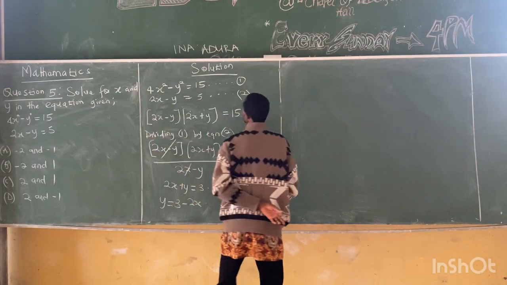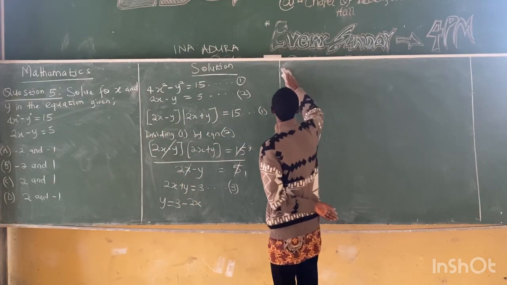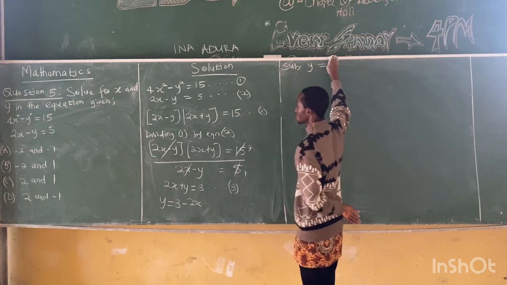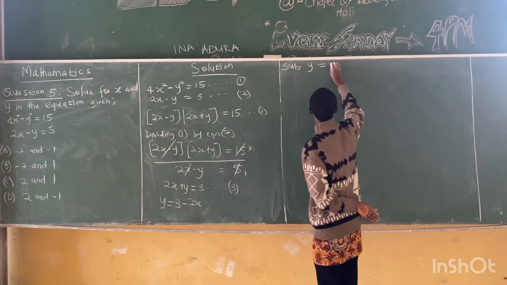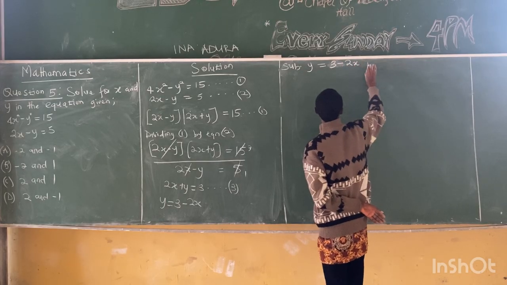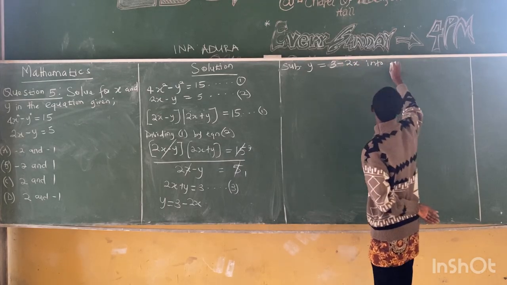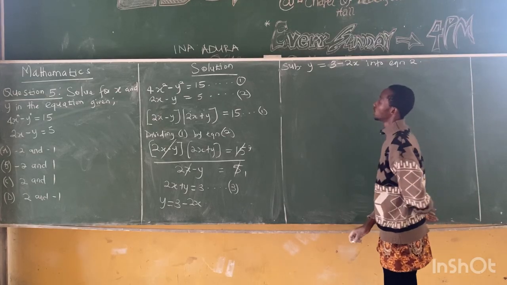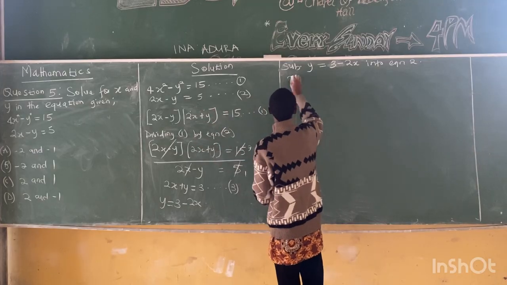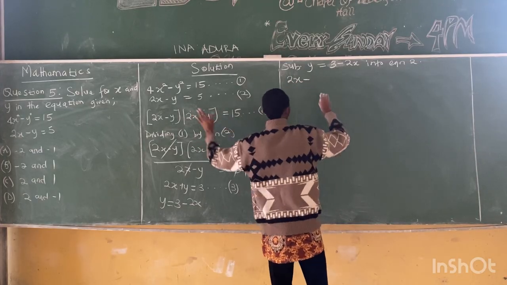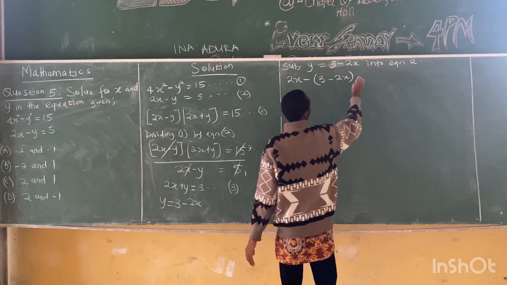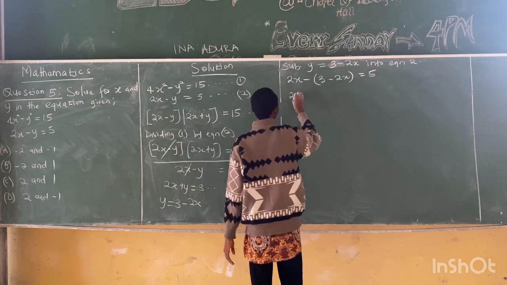This value of y, substitute it into equation 2. We have 2x minus y. Instead of writing y, we write 3 minus 2x, equal to 5.